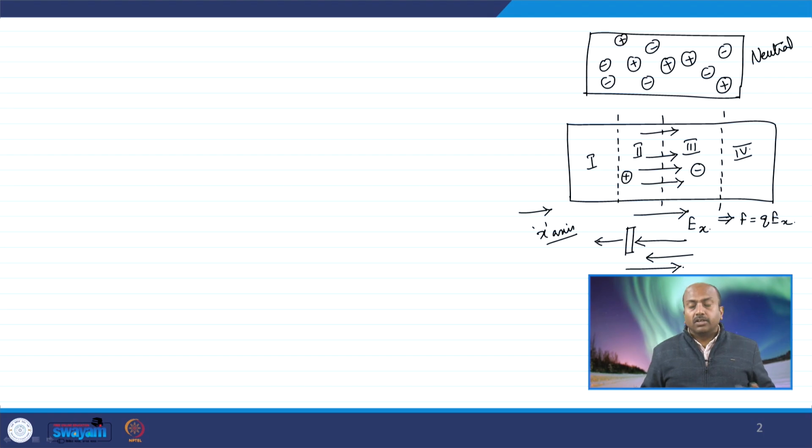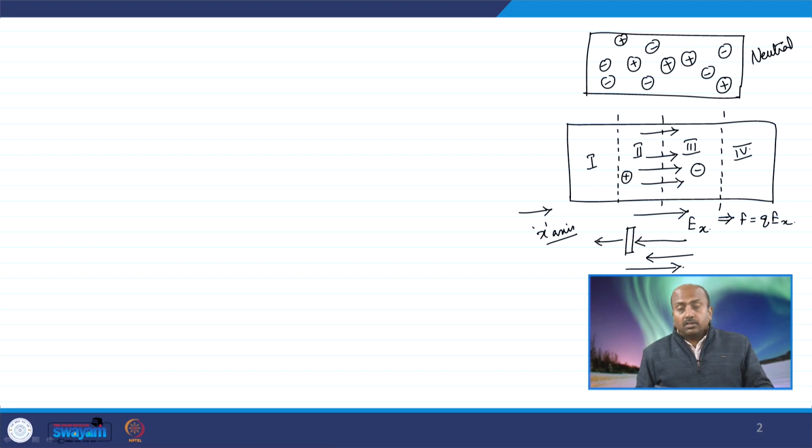So these oscillations, if they are not damped, if there are not enough collisions to make the electrons lose their kinetic energy or come back to region 2 immediately, will continue forever.